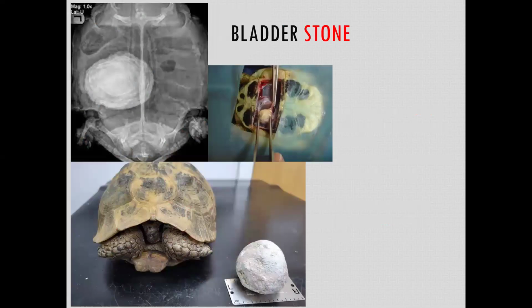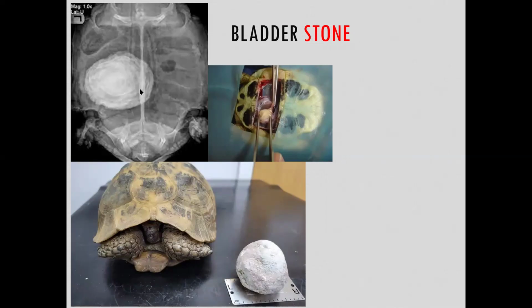Okay, the tortoise in some species they have a predispositional factor for bladder stone, especially sulcata, what I think in Indonesia, it's not see their age or how large they are or how old they are.